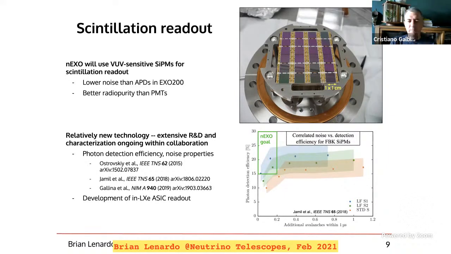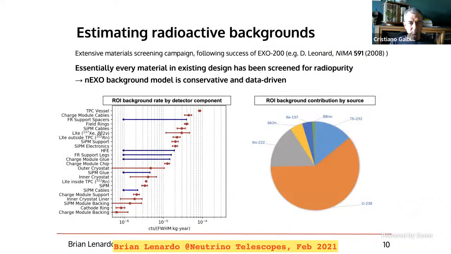It's less of a problem for the signal of xenon-136, which is at 2 MeV. So this dark rate is less of a problem in that region, and that's why they can utilize the silicon PMs with ease.